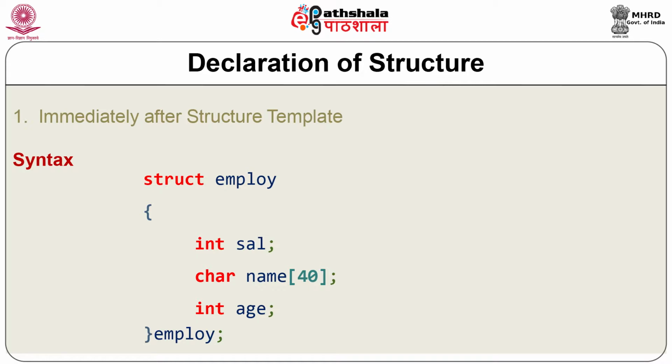Under the body of the structure, we are declaring different fields or members like salary, name, age. Salary is an integer, name is a character, and age is an integer. So this is the syntax used immediately after the structure template.